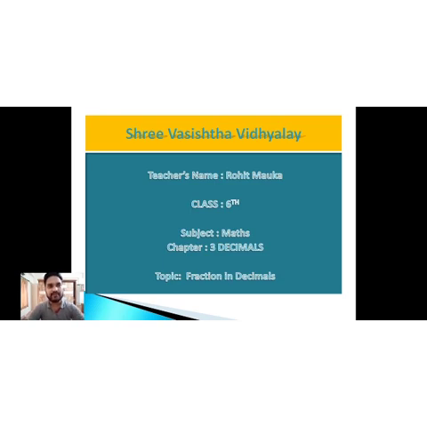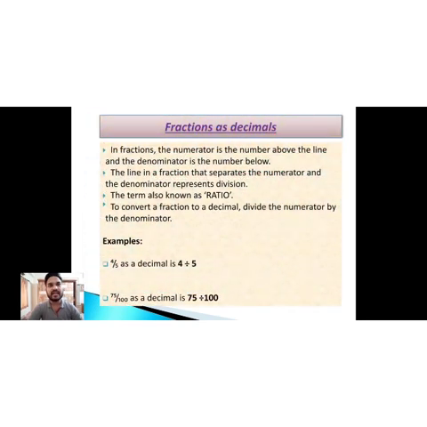Now we move to the next slide. Fractions as a decimal. In a fraction, we all know one number is the numerator and the second number is the denominator, and the line of the fraction that separates the numerator and denominator represents the division sign. Division means divide. The term is also known as a ratio.